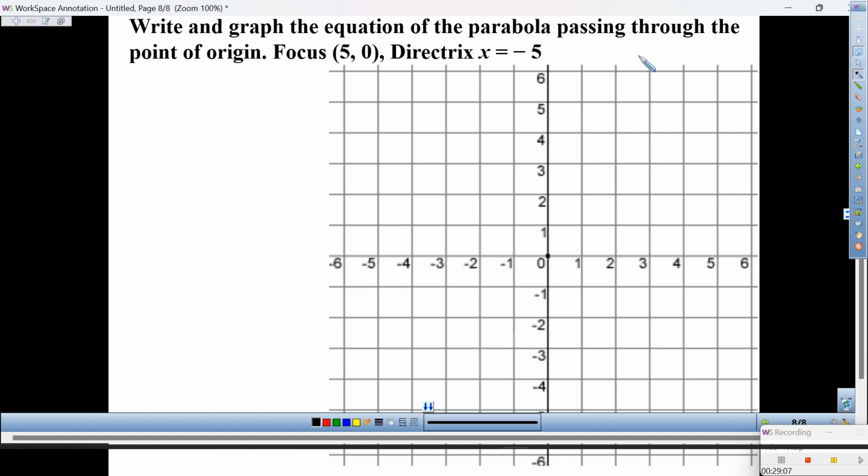By looking at the directrix, what equation did you choose? y squared equals what? 4px. Hands if you got that so far. All right. Then we look at the focus. Does it have a 0? Yes. That means this is the equation we're going to use. What do I do next, Kimberly?